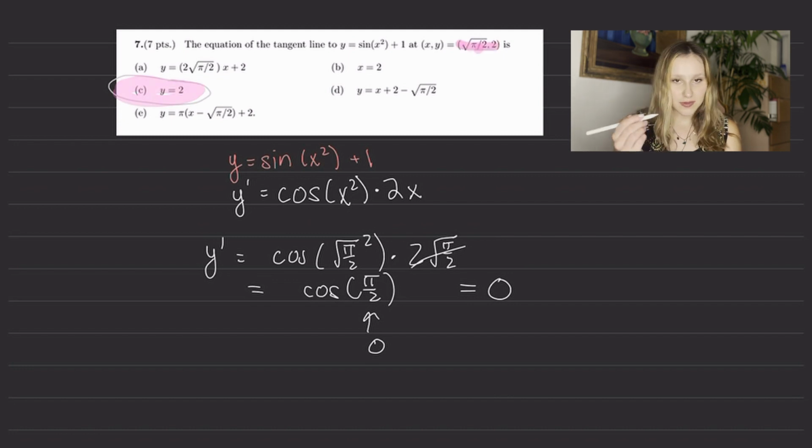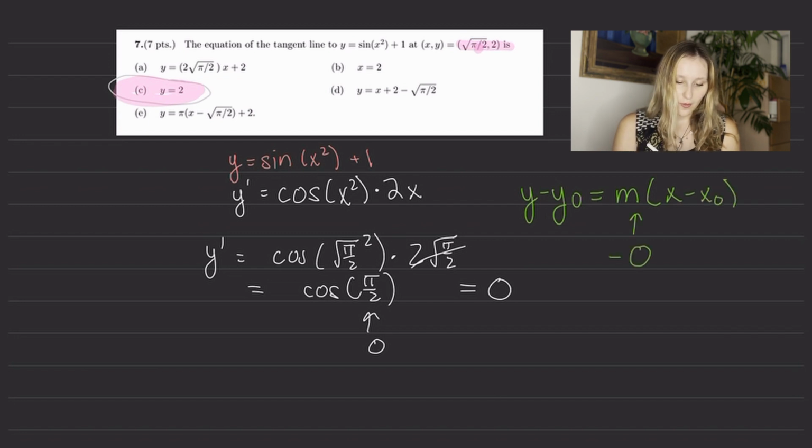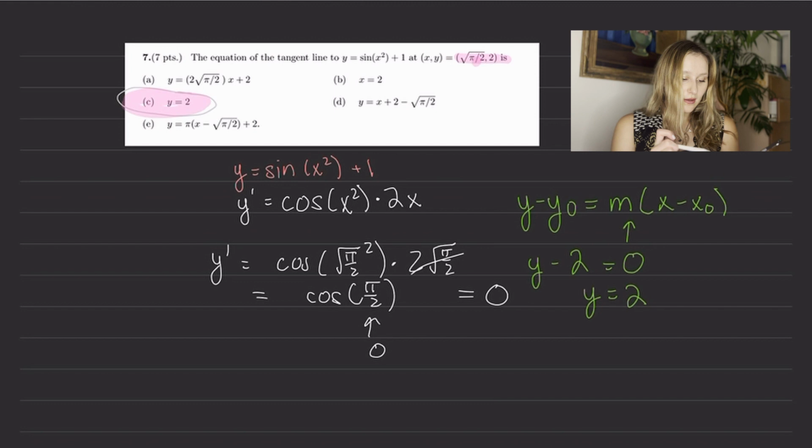Another way, if you want to approach this in a more logical way, we can look at this point slope form, which is, we're going to use a different color here, y minus y0 equals the slope of x minus x0. When the slope is 0, this becomes irrelevant. We get y minus, what is the y value, is 2. We get y equals 2. The y value is the point that we're looking at here. Great. On to the next.